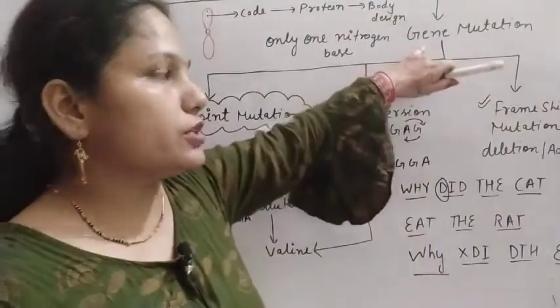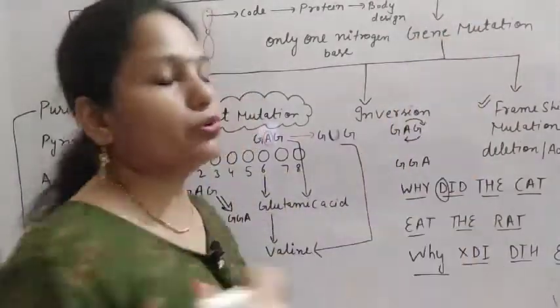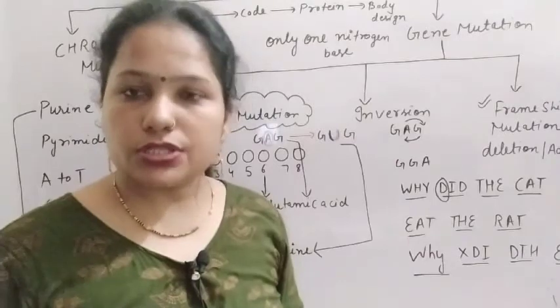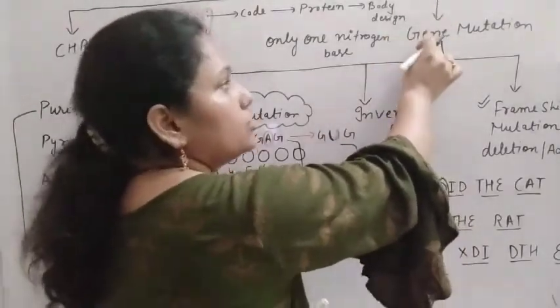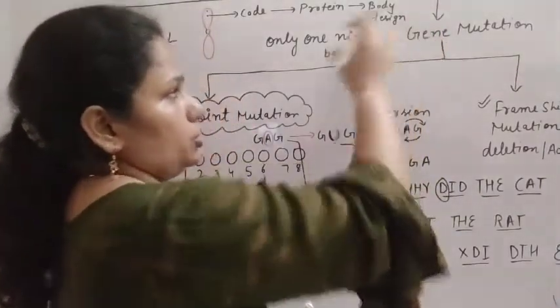So today we have to discuss gene mutation. Mutation means any change, and if this change takes place at the gene level, or in the gene of the chromosome, then this is known as gene mutation.